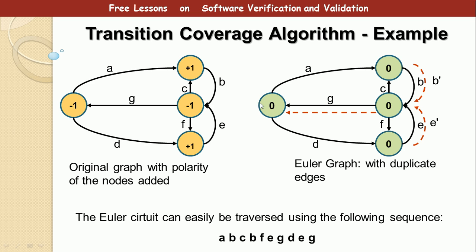The second step, take note, is that you need to duplicate the edges. So if you have this +1 here, it means that you have to add another outgoing edge to this place, so that it can negate it and it becomes 0.